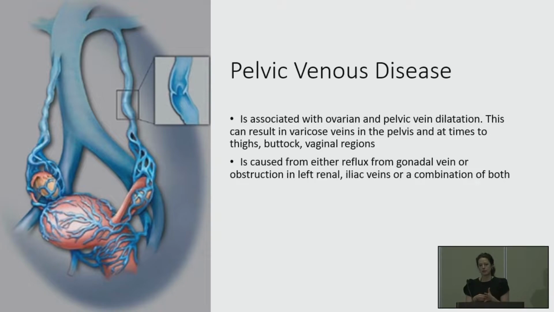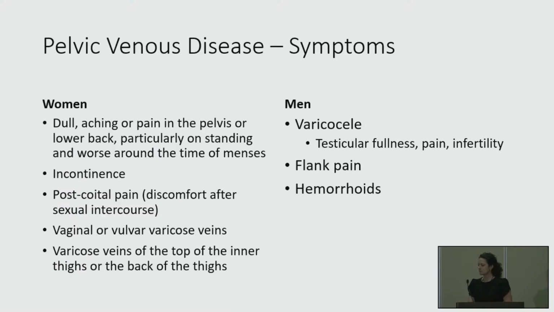That can either be caused by or come from a compression. That would either be the left renal vein that then refluxes down the left ovarian vein, or a common iliac vein compression that then refluxes into the internal. The third way is just reflux within the ovarian vein itself. So when we're doing these scans, we're going to be evaluating and scanning all 3 of those areas.